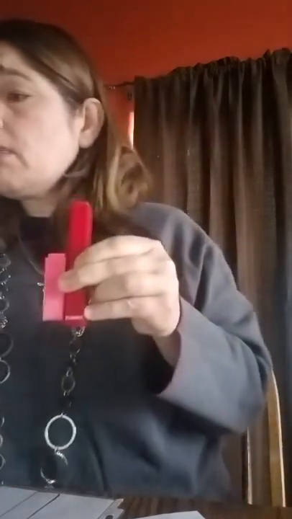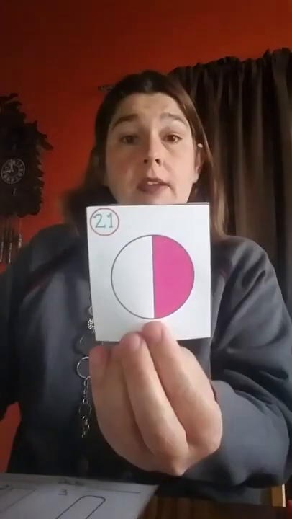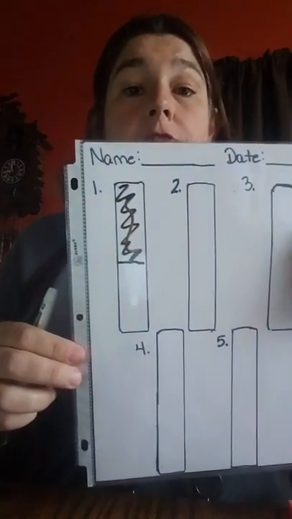Now, if I want to use my sheet instead of the towers, I can get my sheet, and on my first one, to match the card, I go to number 1, and I get the half, because this is half, and I just trace it and color it in to show 1/2.